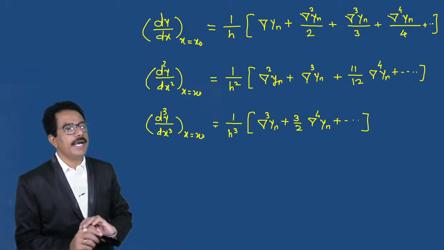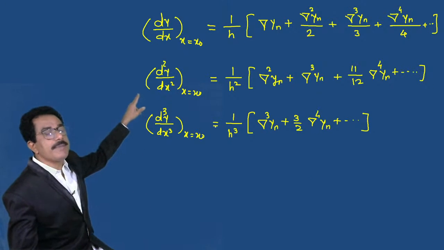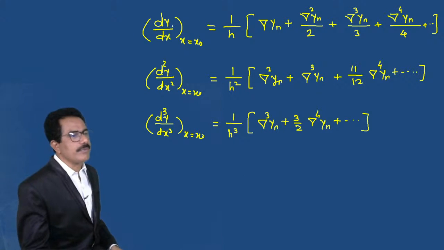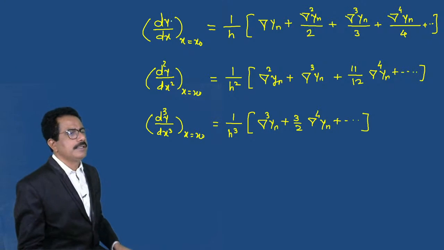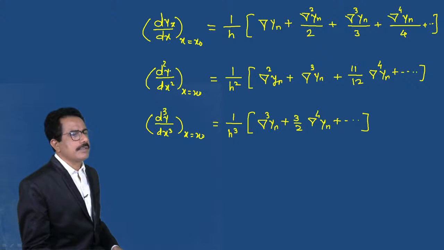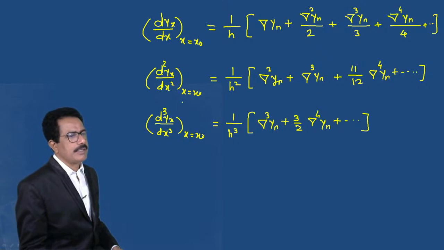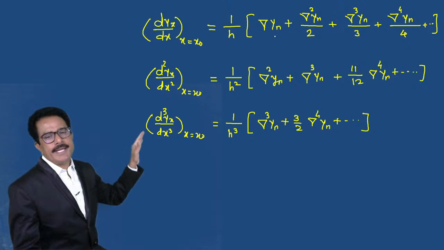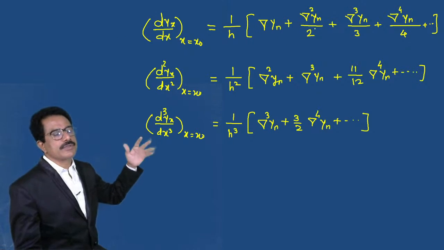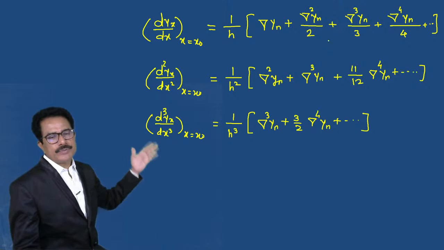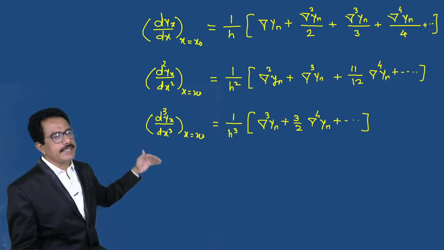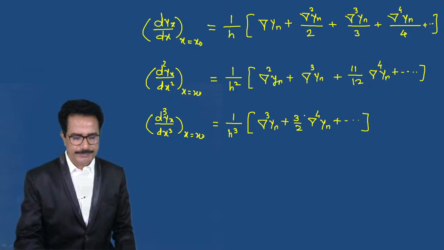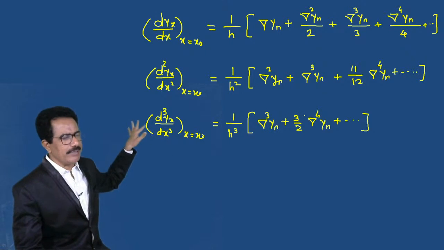So therefore the derivative by using Newton's backward formula, dy by dx of yx, dyx means f of x, 1 upon h del yn plus del square yn minus 2. In this way we can obtain dy by dx, d2y by dx square. We can get the higher order derivative in this way. हे फक्त फॉर्म्युले आहेत, लक्षात ठेवा.